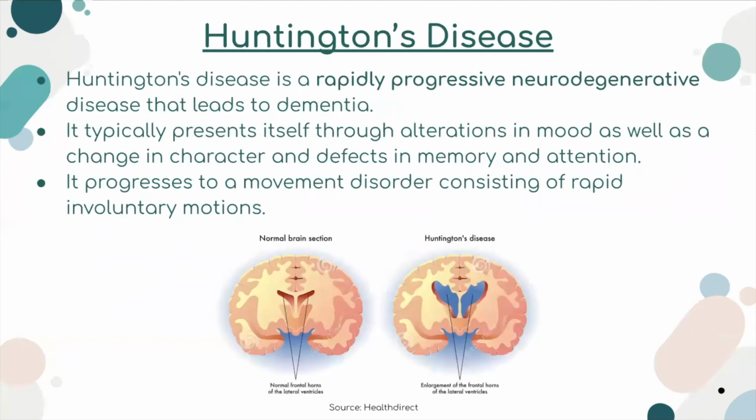The fourth disease we will cover is Huntington's disease, which too is a rapidly progressive neurodegenerative disease that ultimately results in dementia. Symptoms of Huntington's disease often arise as mood and character alterations, as well as disturbances in memory and attention. The progression of Huntington's disease also usually results in movement disorders consisting of involuntary motions.